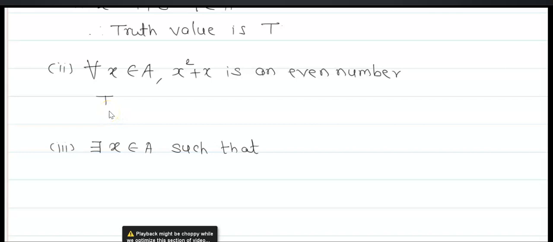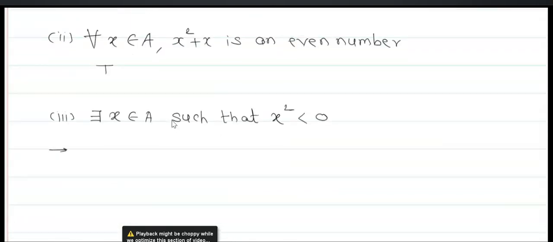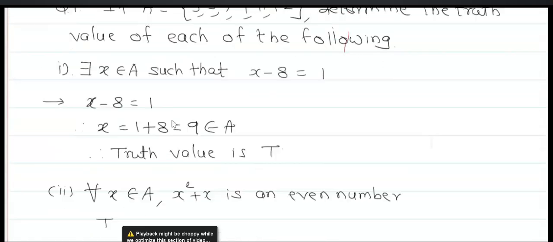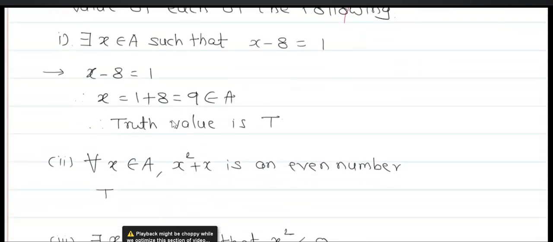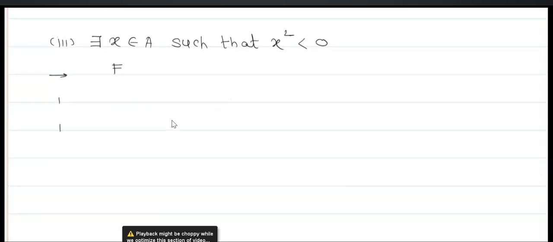You can verify it. Third, there exists x belongs to A such that x square is less than 0. It's not possible. Squares of all numbers are positive. They will never be less than 0.